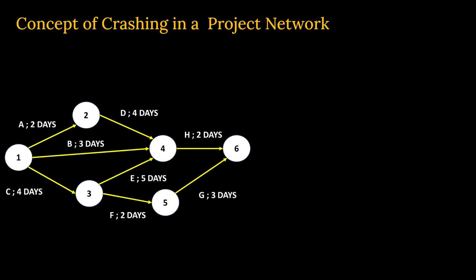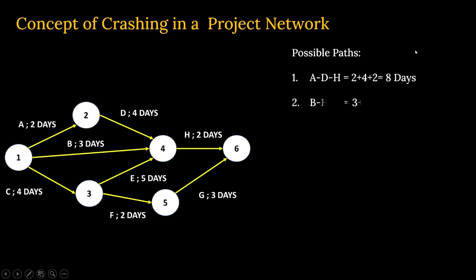Here we can see the possible paths. The first possible path is ADH. That means you start from A, go to D, then H, reaching node number 6. The duration of this path is 2 days plus 4 days plus 2 days, altogether 8 days. Clear?